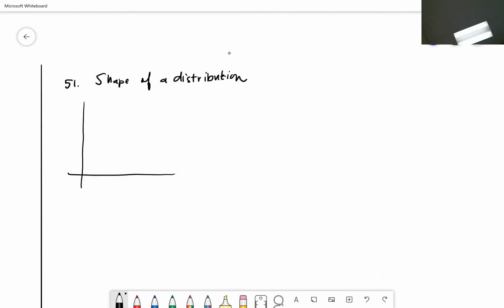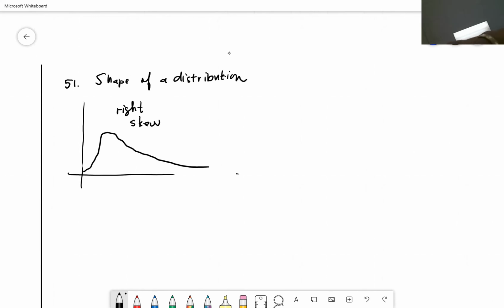We haven't done normal distribution yet. So this type of distribution is what we refer to as a right skew, sometimes a positive skew. There, that's better. Skewed to the right.